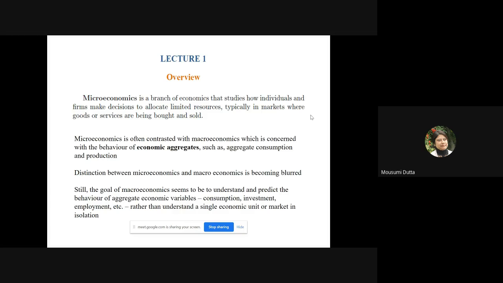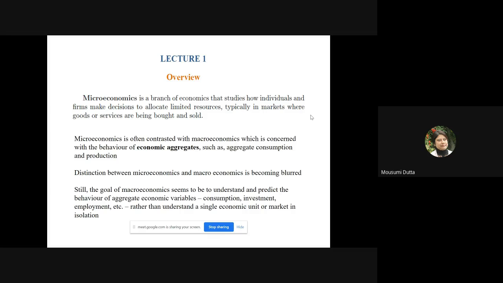In case of macro, we consider economic aggregates, such as aggregate consumption, production, etc. There we talked about individual level consumption, production. That individual level may be the household consumption too, or the consumption of a particular village, or of a particular country, but here we will consider economic aggregates.